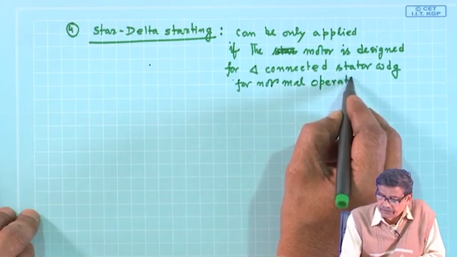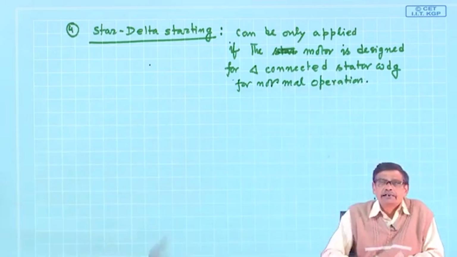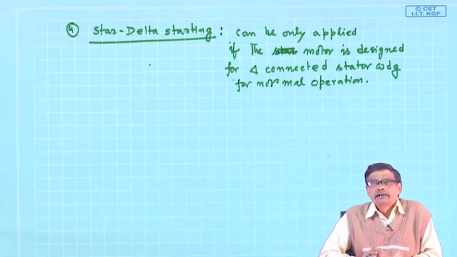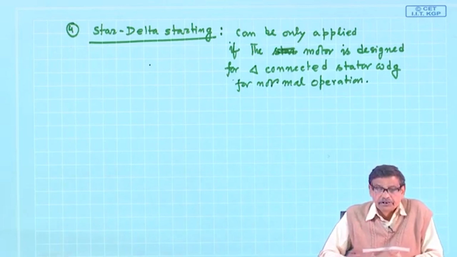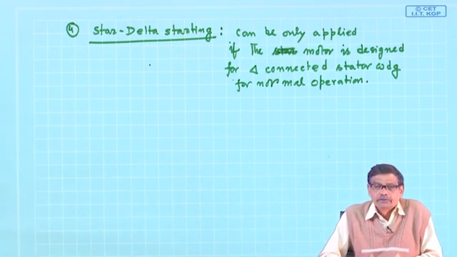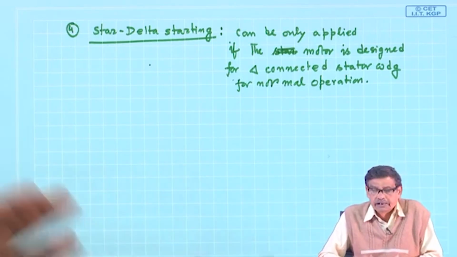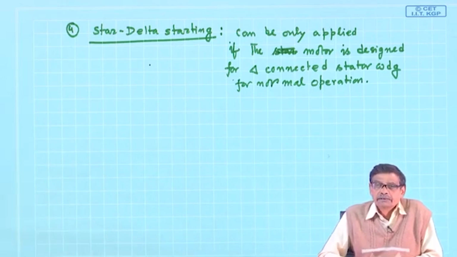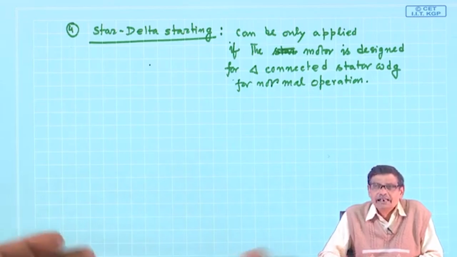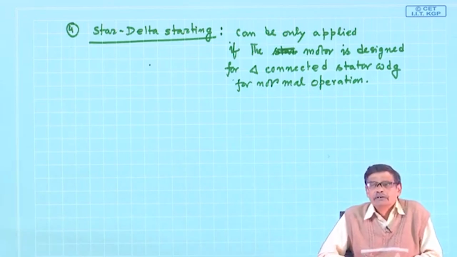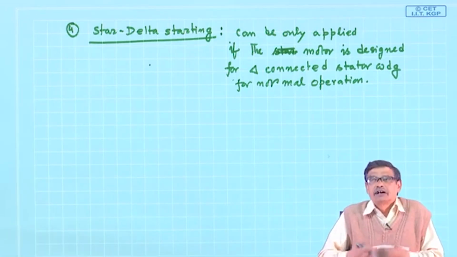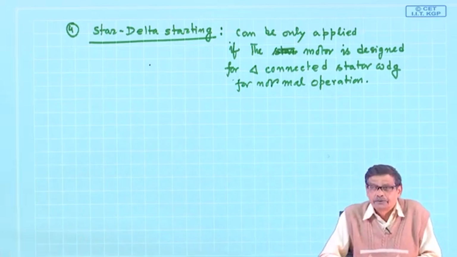That must be understood. If you have an induction motor whose stator is star connected for its normal operation as a motor supplying load, rated voltage you apply, for that it is meaningless to talk about star delta starting of a star connected 3-phase induction motor.